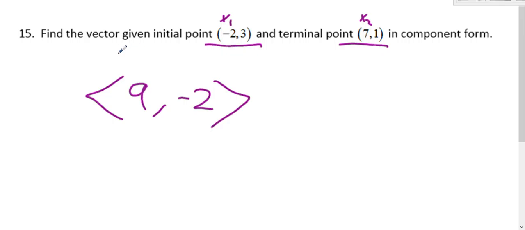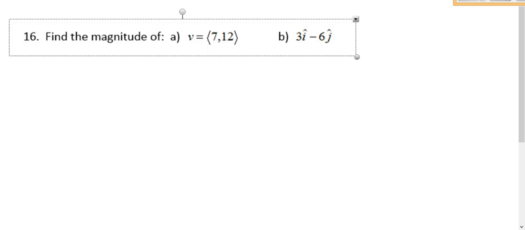You could do it as x2 minus x1 and y2 minus y1. When you're finding the magnitude, you're just finding the length. So you're really just doing the distance formula.